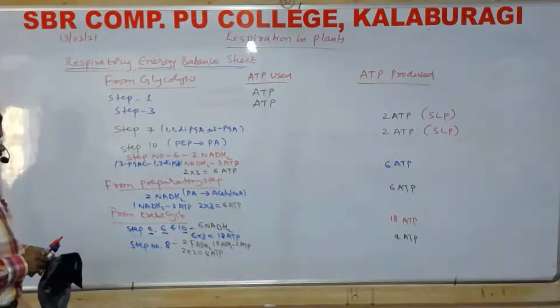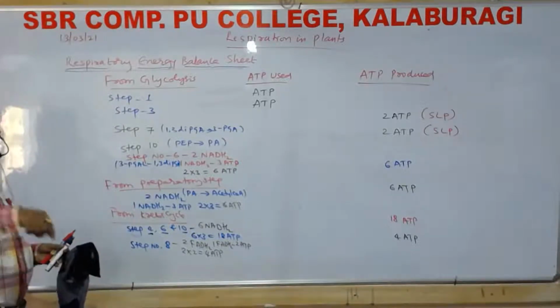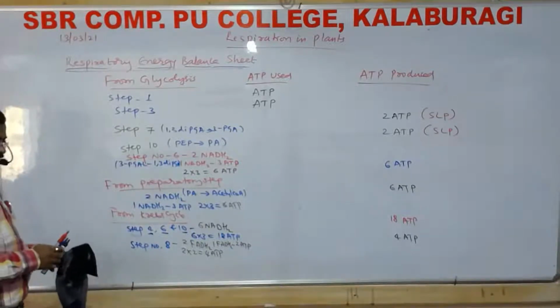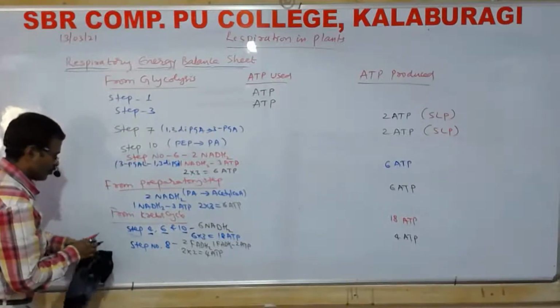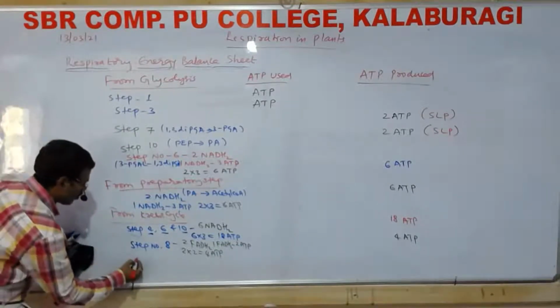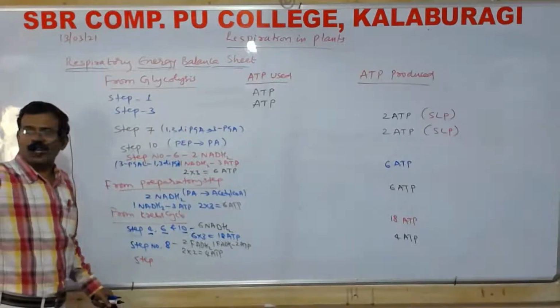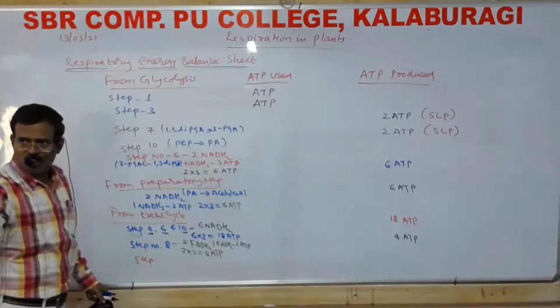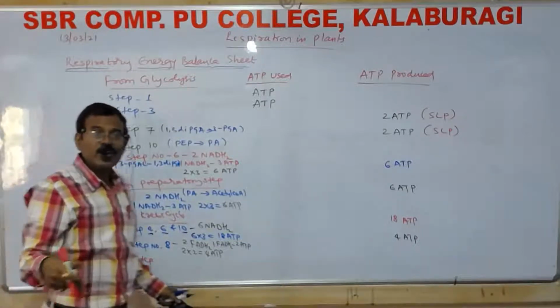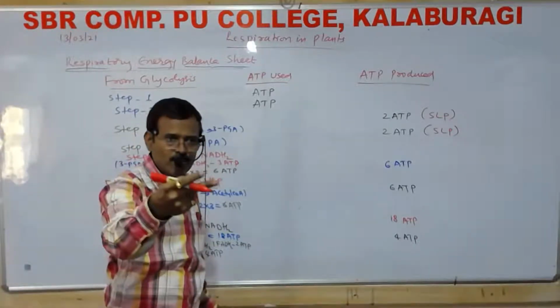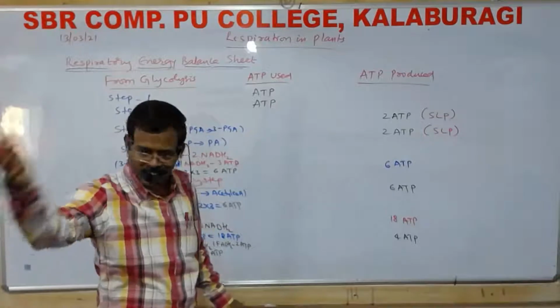Okay. Now, in step number 7, what is step number 7? That is succinyl coenzyme A to succinic acid, substrate level phosphorylation. There GTP is produced. 2 GTP. GTP is equal to ATP.